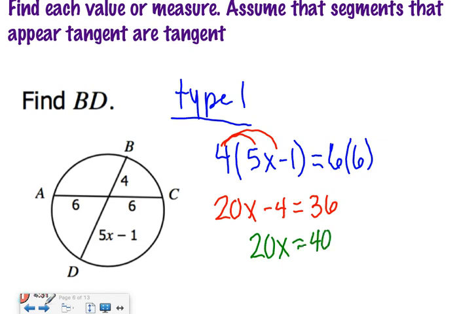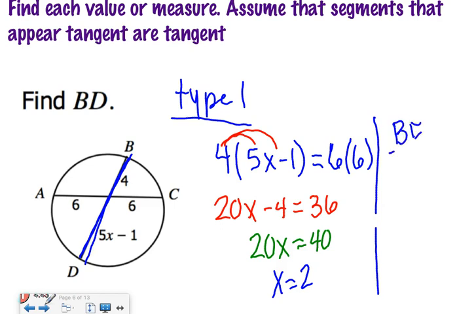Divide out, x equals 2. Okay, now we have to answer the question though. We didn't want to find x, we want BD. So plug back in. So we'll have 4 plus 9 gives me 13.